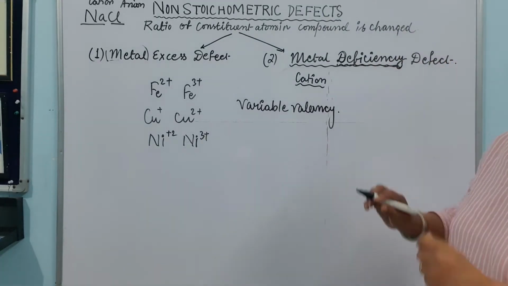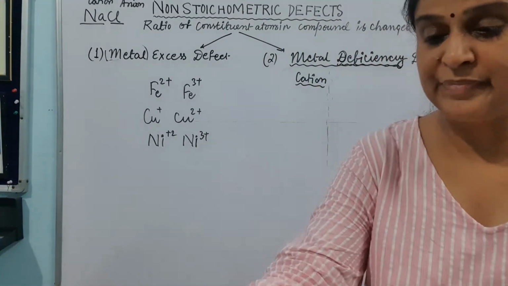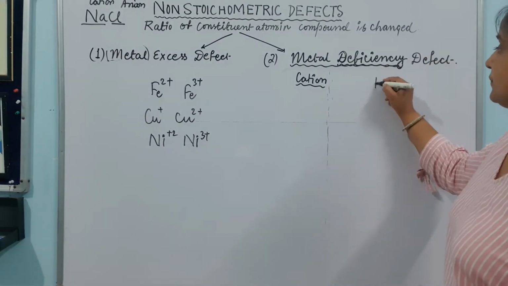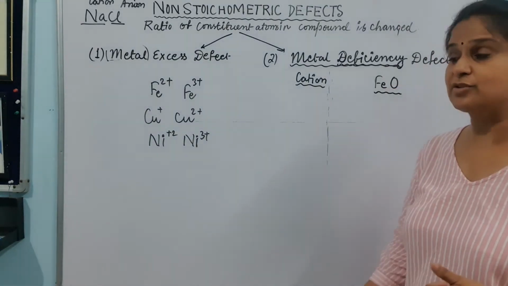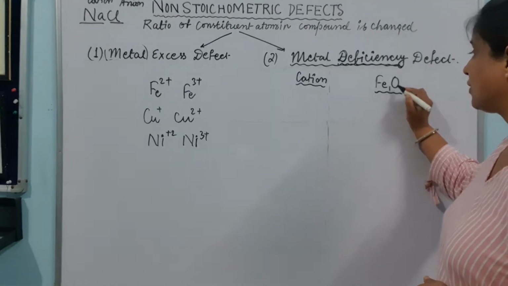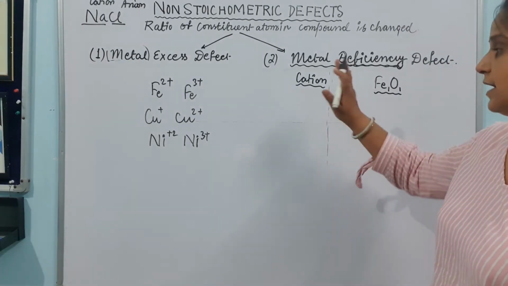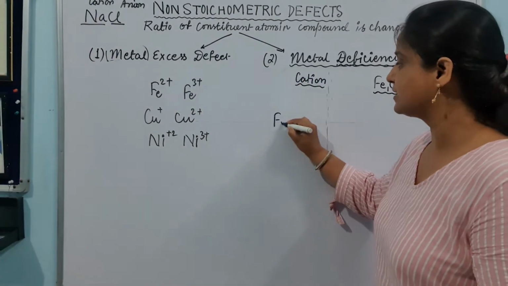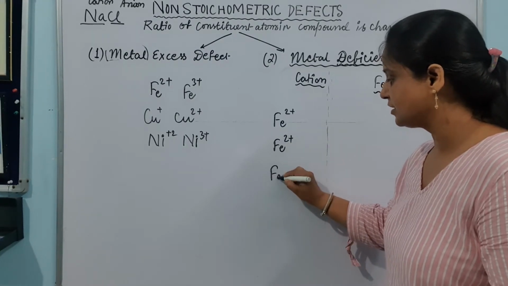Now how does it happen? Let's start. I am drawing here one crystal of FeO. What am I doing here? FeO, ferrous oxide. So this is ferrous oxide having a 1:1 ratio of iron and oxygen here, 1 iron to 1 oxygen. I am drawing this crystal here. Look at this, Fe+2 ion, Fe+2 ion and Fe+2 ion.